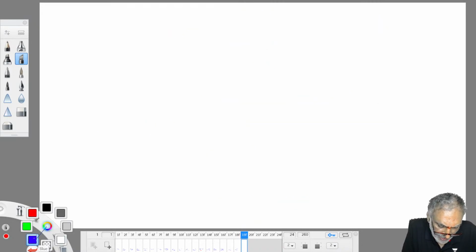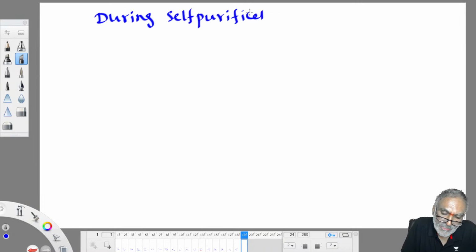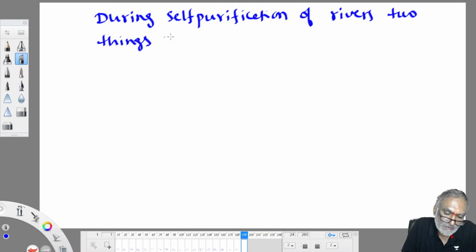So the terminology you have to understand. During self-purification of rivers, two things occur in the river water body.